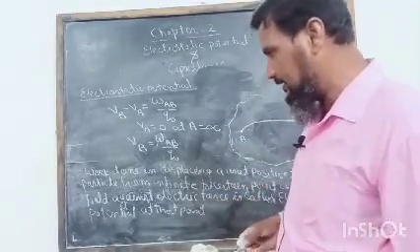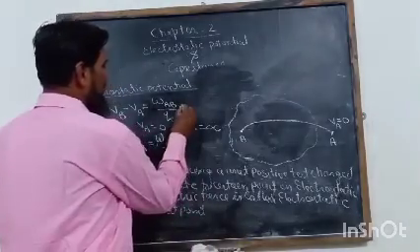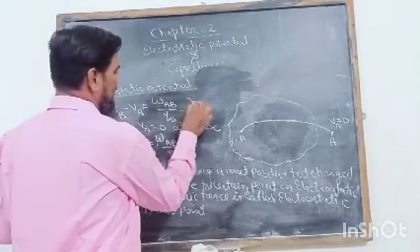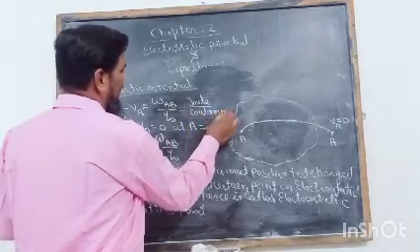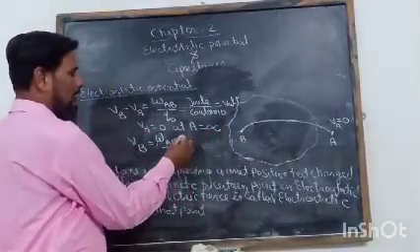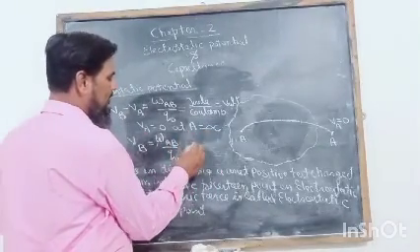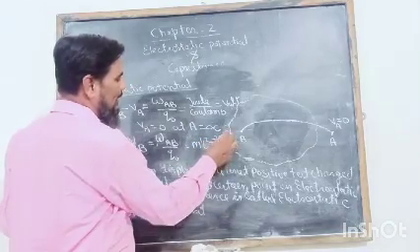The unit is again volt, joule per coulomb, and it is a scalar quantity. The dimensional equation is the same, M1 L2 T minus 3 A minus 1.